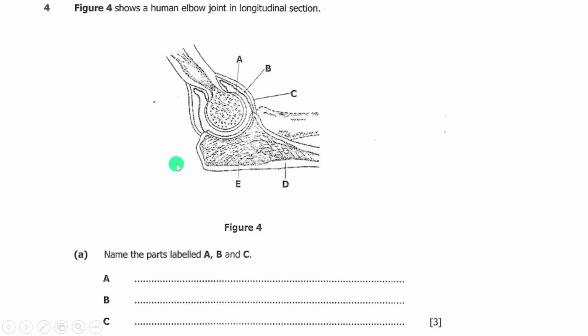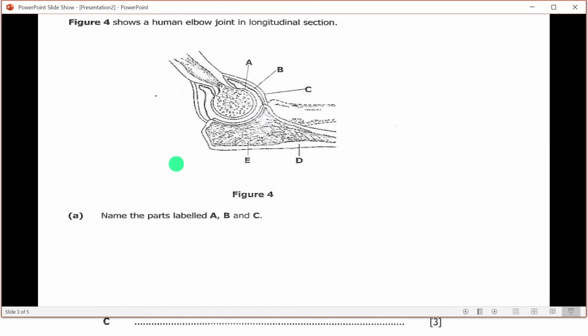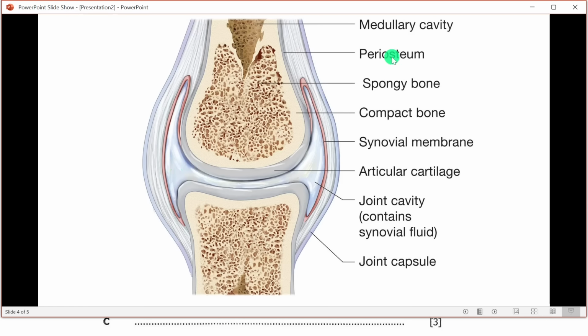So for us to understand here, you compare this with this diagram here. When you look at this diagram, it has these parts. This outer part here is the joint capsule. Then after that you have this layer inside, which is the synovial membrane. Then you have the compact bone.